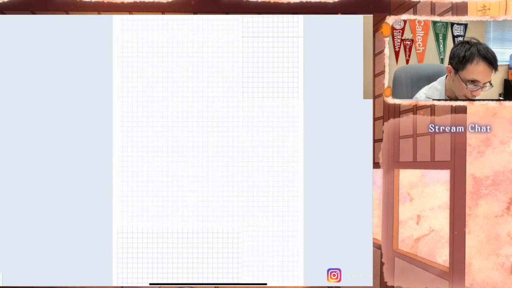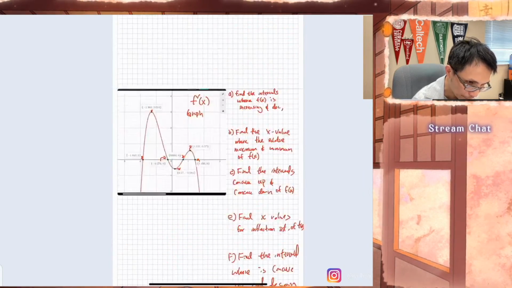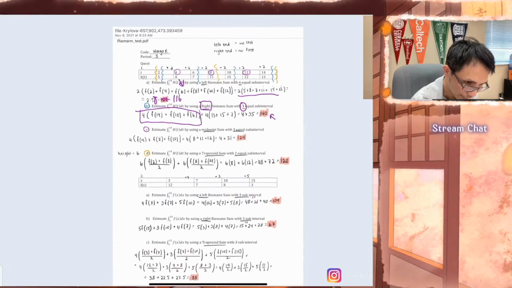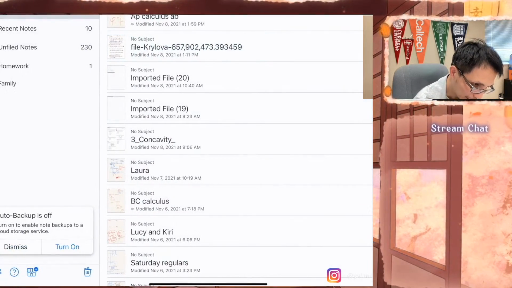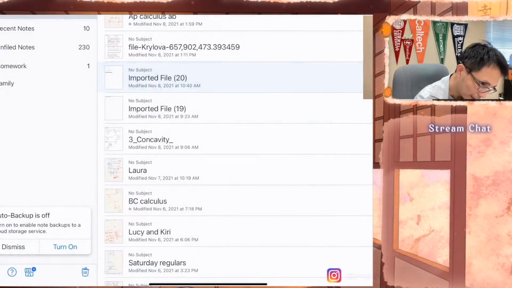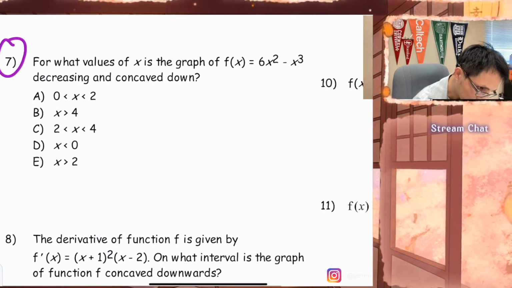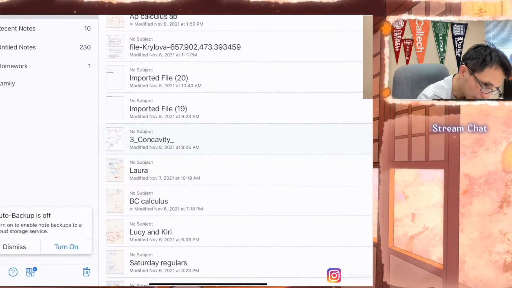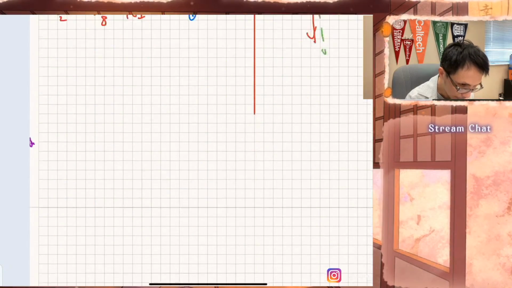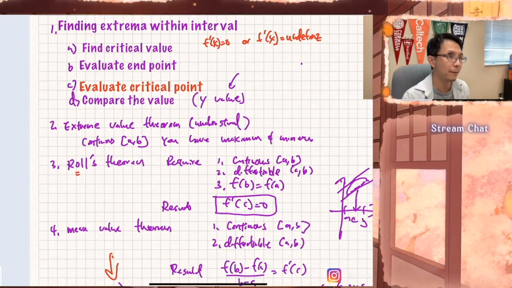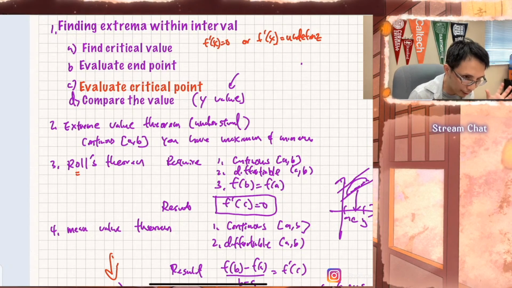Okay, so let's talk about what's on tomorrow's test. Hold on, wait. I will copy my board. What's on the test? We don't need to use a calculator until after this test. So tomorrow's test, no calculator.